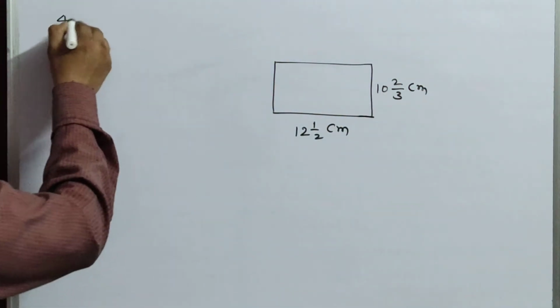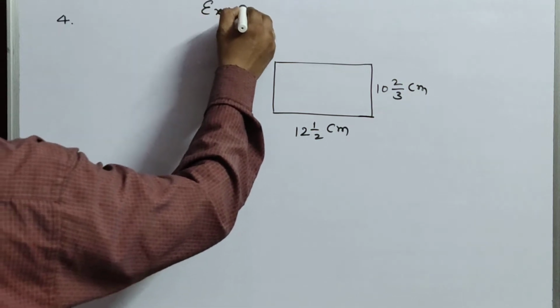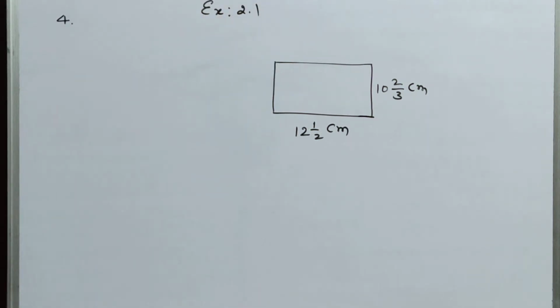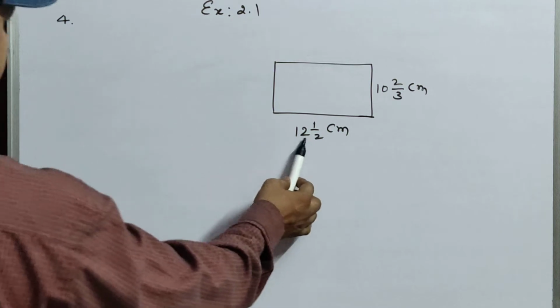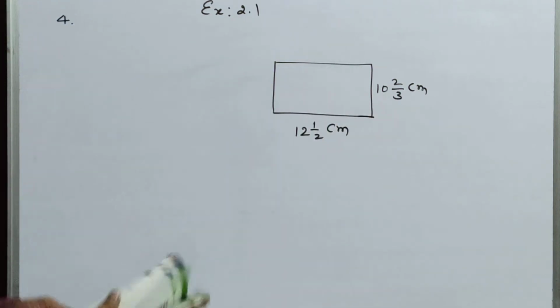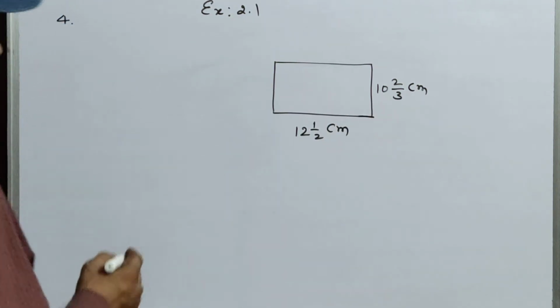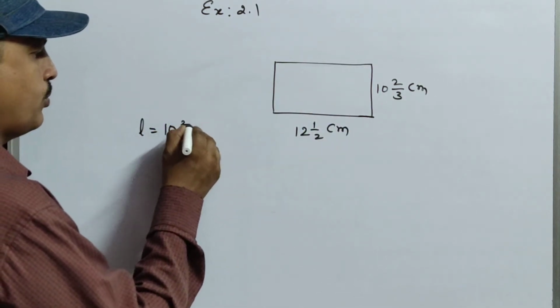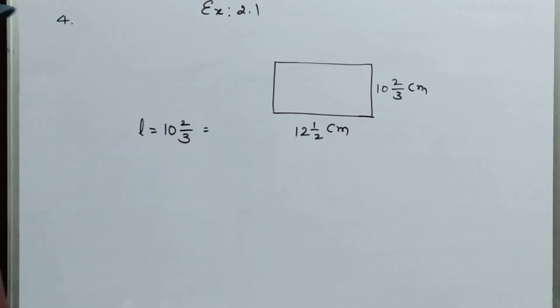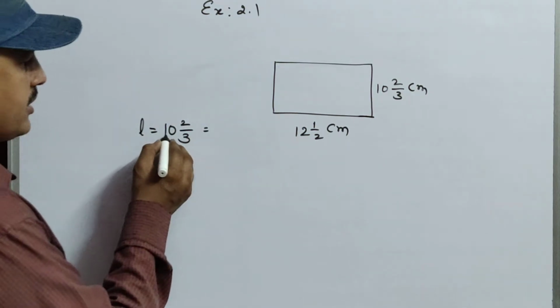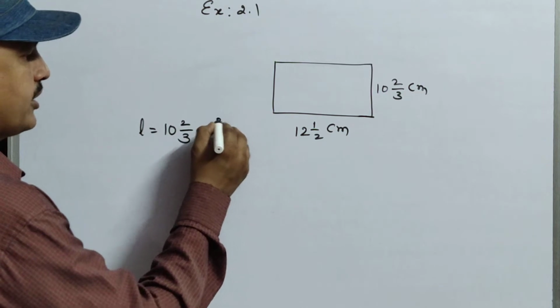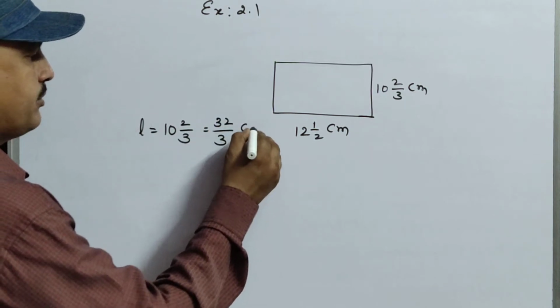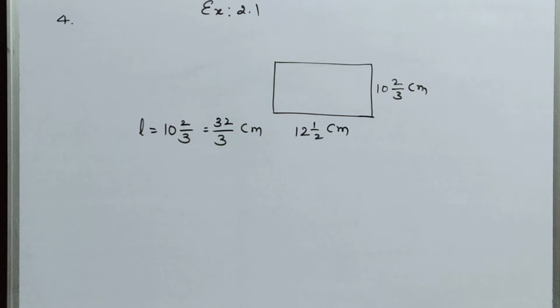This is the fourth question from exercise 2.1, children. Now length is given and breadth is given, but what he asked is, find its perimeter. The breadth is 10 2/3, which is a mixed fraction. Now change it: 3 tens are 30, 30 plus 2, 32/3 centimeters.